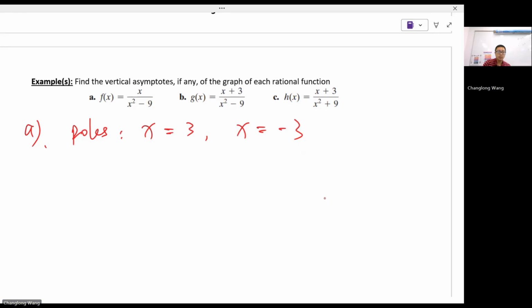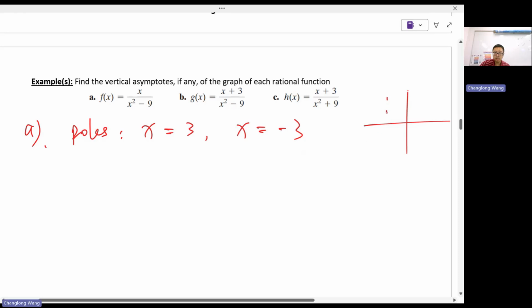And obviously, I guess that I could just draw the graph on the side. I'm just going to sketch it. So there are 2 VAs. One located at -3.